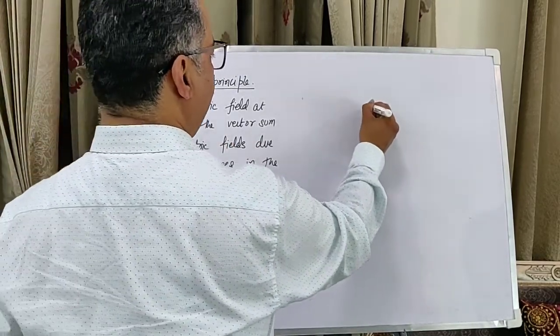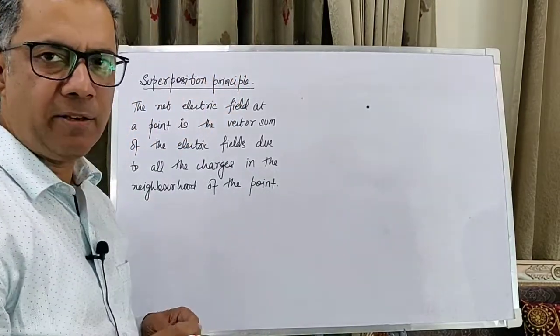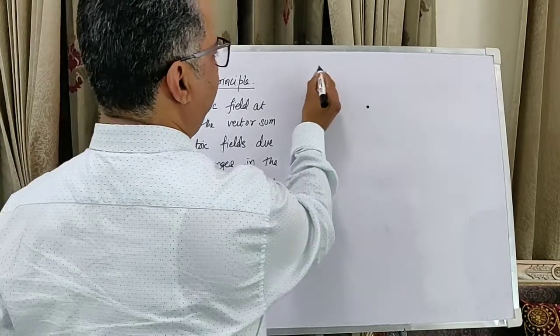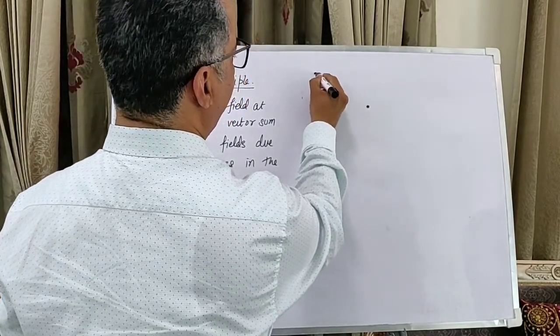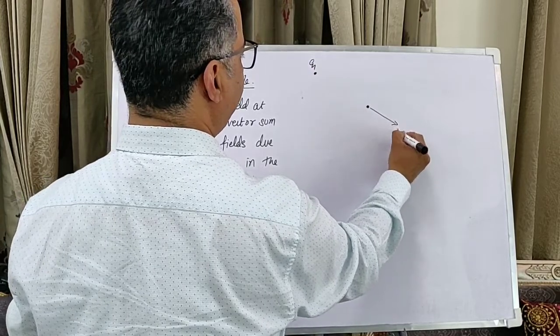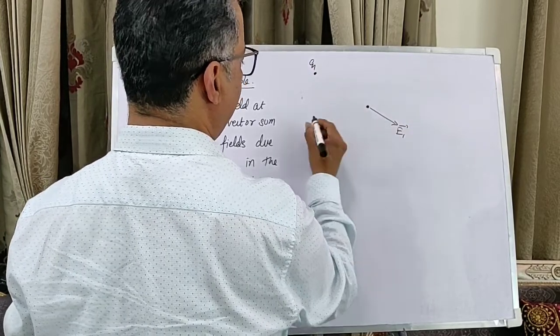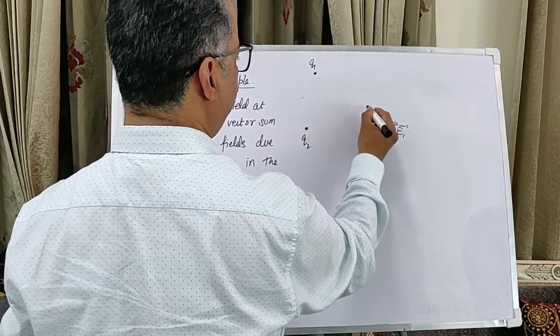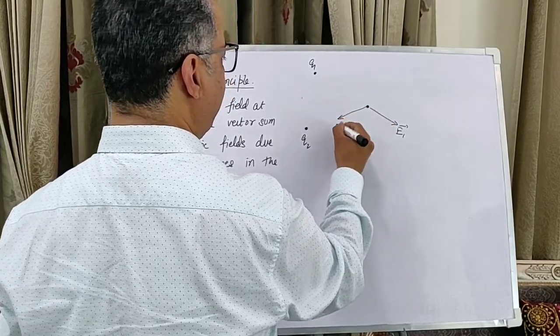Now let's say this is the point where we are calculating the net electric field. We have a charged particle Q1 here. Q1 produces an electric field E1 here. Then we have a charged particle Q2 here, and Q2 produces an electric field E2 here.